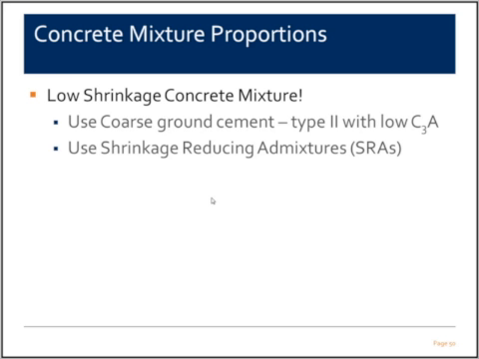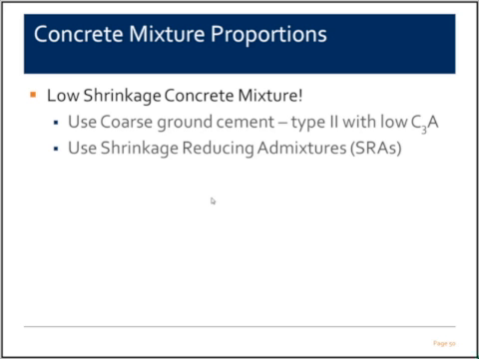I've seen quite a few specifications for slab-on-ground construction recently, and I've been approached by quite a few ready-mix producers that have this target specification they have to meet. In this specification, they're required to have a 28-day drying shrinkage value of 300 microstrain.